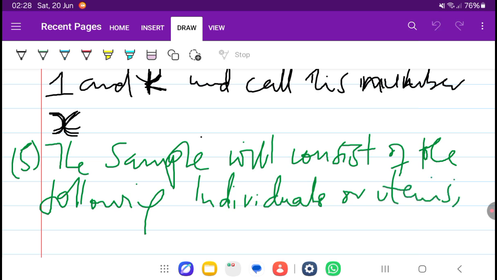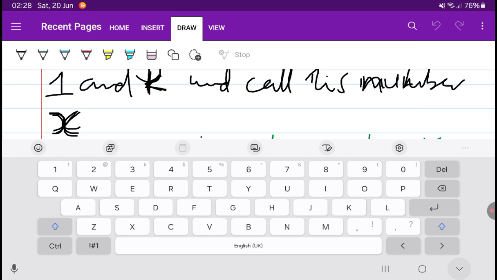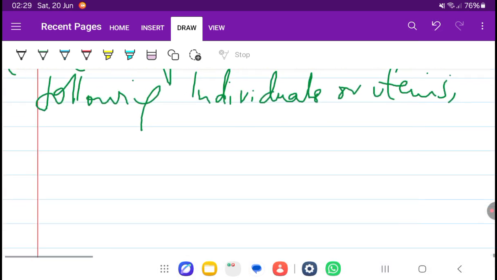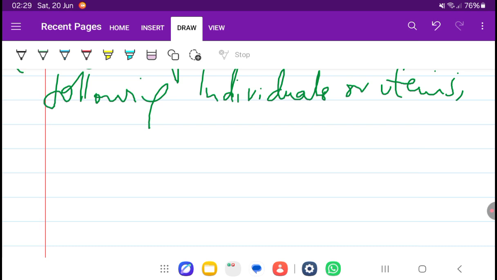So let's look at how the numbers will be. Sorry, we called it letter x. That will be one number.